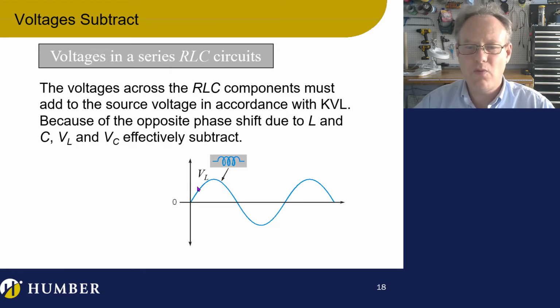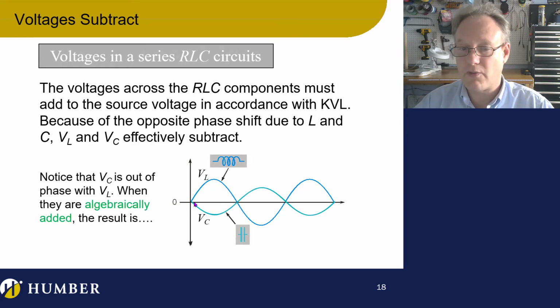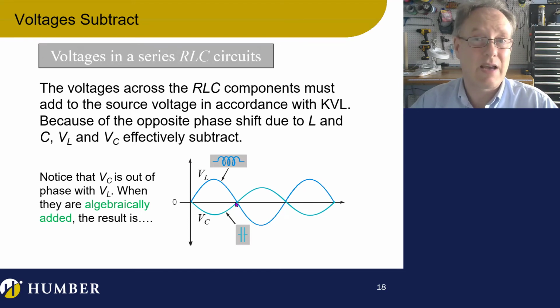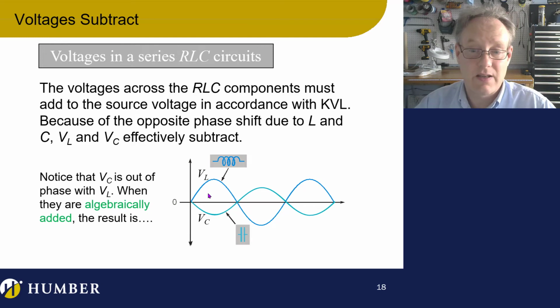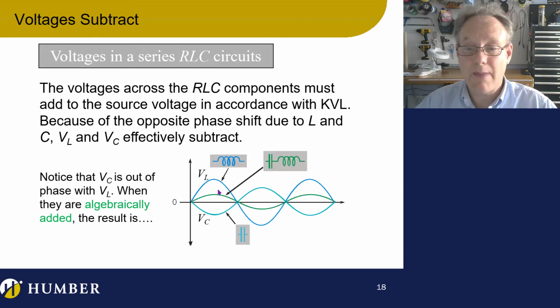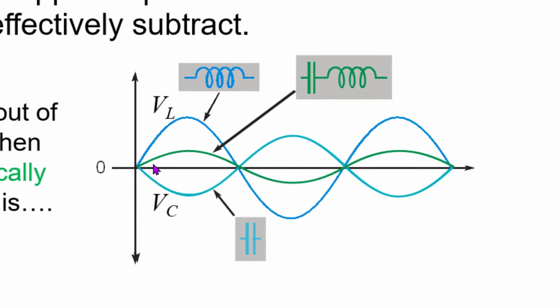Now, I know that the voltage across the inductor looks like this. Okay, that's the voltage across the inductor. And then I'm going to say, well, the voltage across the capacitor is actually 180 degrees out of phase. It's just like this. Now, when I put them together, I get this. And we can see that I'm just adding the values up on this graph here.